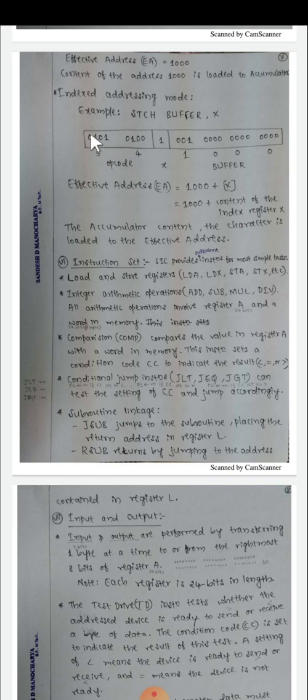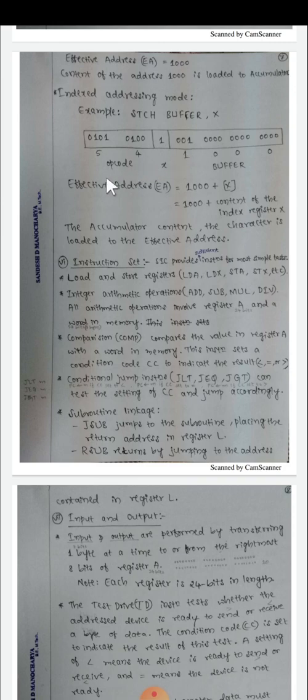So 5 is represented in binary as 0101 and 4 is represented as 0100. So the total 8 bits of the opcode field are filled now, and x is 1 here. It means that we are using indexed addressing mode, and here the address of BUFFER is considered as 1000. So 1000 is filled as the 15 bits of address.